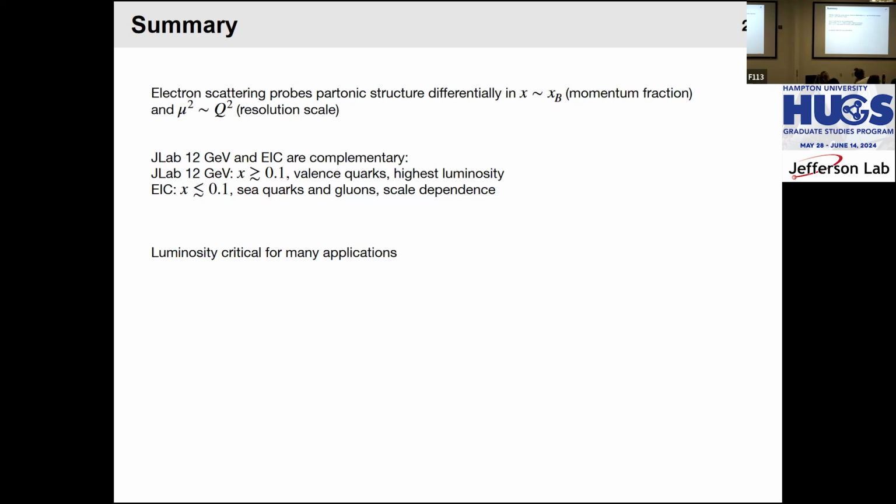You had a question? Yeah, I just had a question about the nature of the events. I'm assuming, is there a concept of spectator nucleons when you have an electron-nucleon collision? There is, and we will get to that in the nuclear part. I actually have an example on spectator detection.